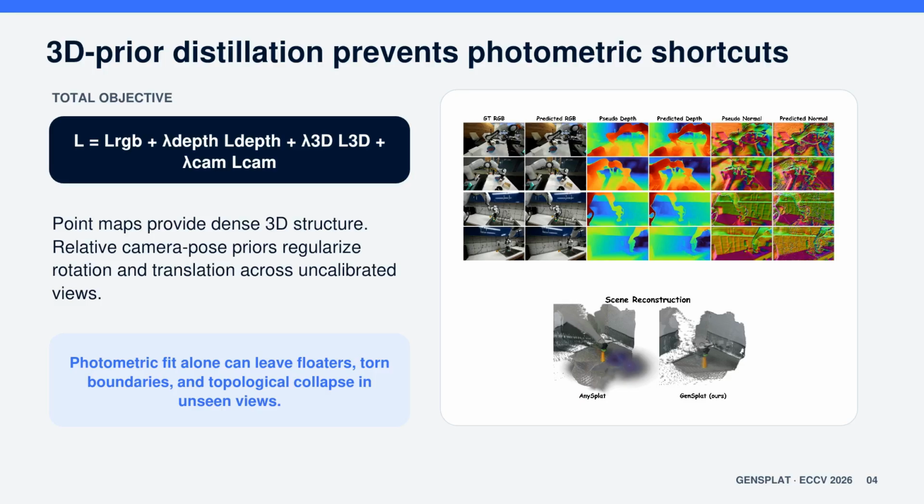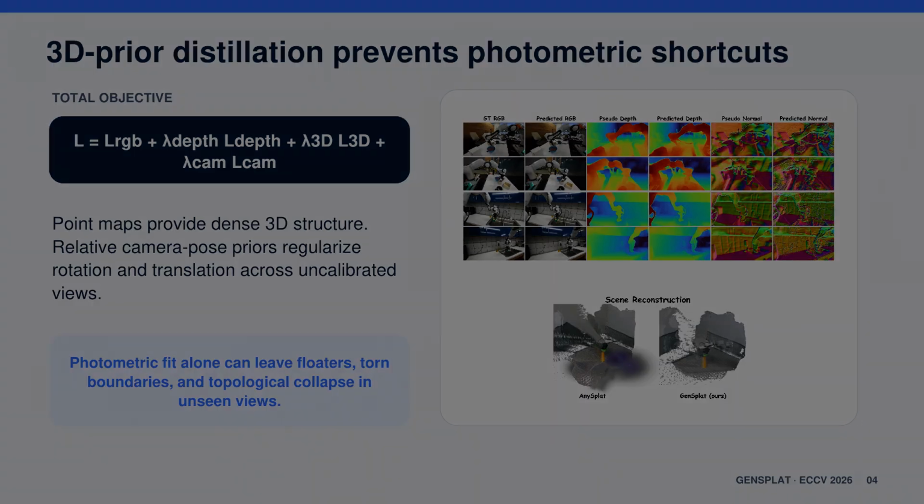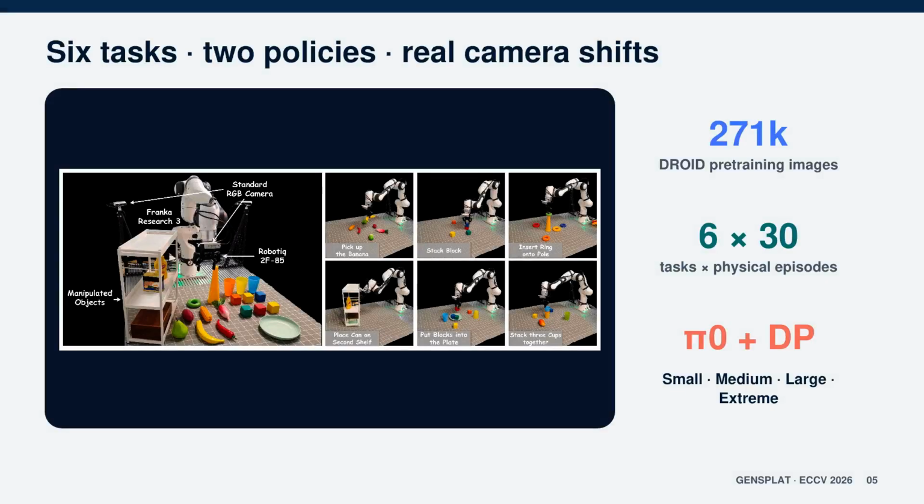The qualitative comparison on this slide shows why this matters. GenSplat retains sharp object boundaries and aligned depth and normals, while the final Gaussian scene has a cleaner surface than a depth-supervised feed-forward baseline.